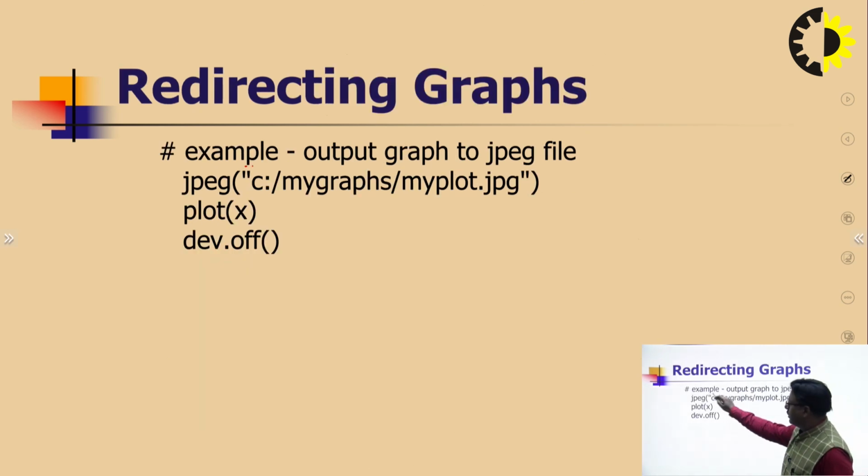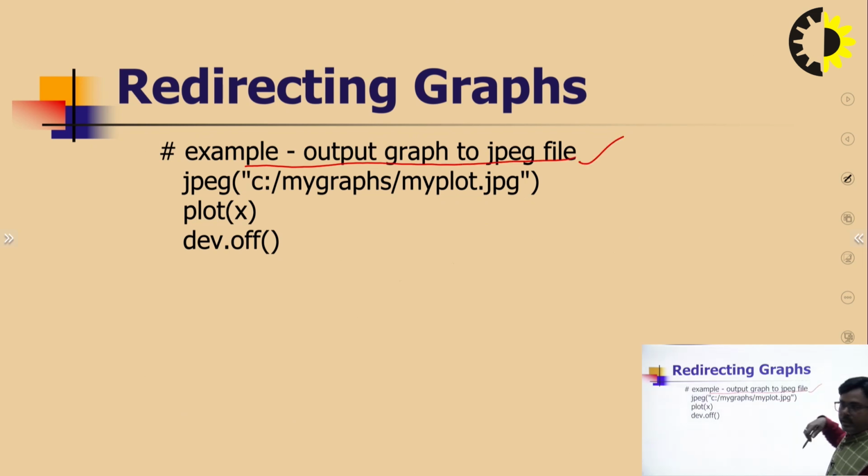This is an output graph to a JPEG file, meaning whatever graph you are preparing with the help of the data set present in your program, if you want it in JPG format, you have to use the jpeg function. Similarly, if you want to use BMP or PostScript format, you have to use the postscript or bmp function here in order to convert your file into that particular format.